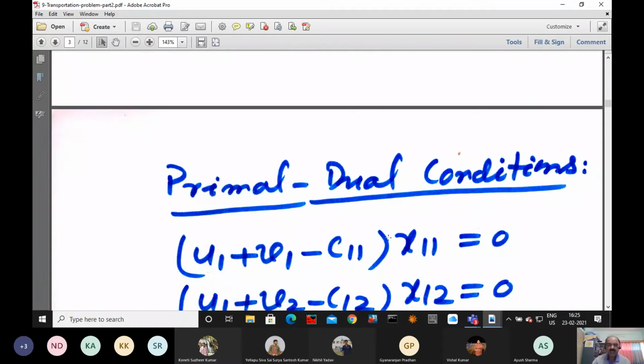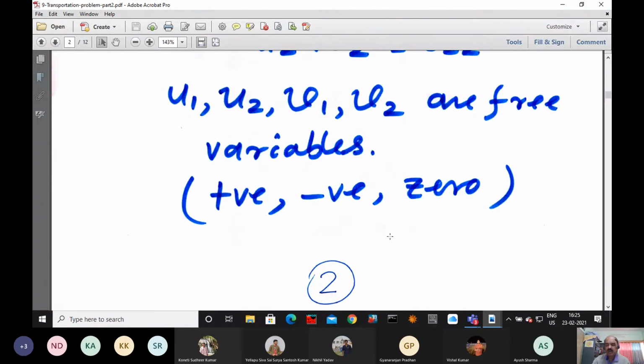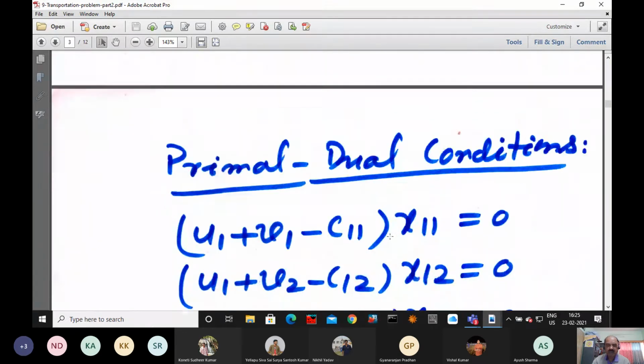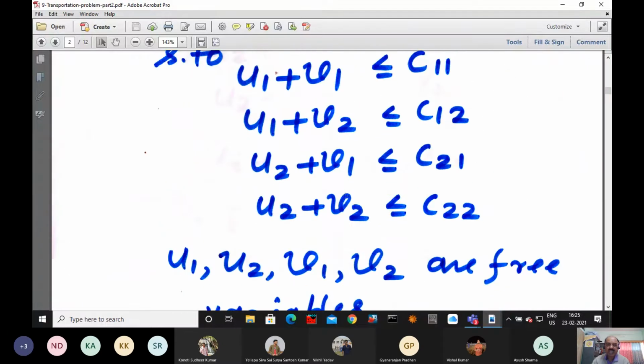So what is next here? Now we have some complementary pairs. What is the pair we have? You see, we are writing u1 plus v1 less than or equal to c11, u1 plus v2 less than or equal to c12, u2 plus v1 less than or equal to c21, u2 plus v2 less than or equal to c22.